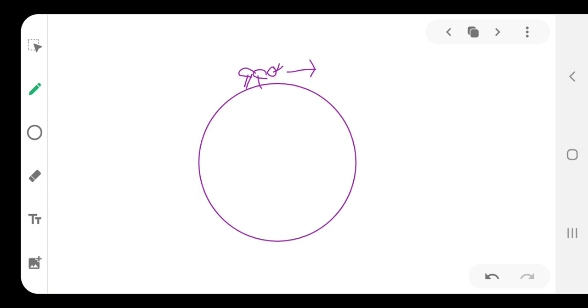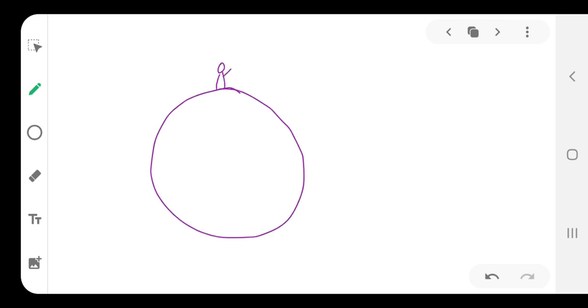Now, as the ant is very small, what is it seeing right now? It is seeing a very small portion of the circle. So if you are there with that ant, you will see a straight line in front of you. The same scenario we can see here where we stay on earth. So this is our earth.